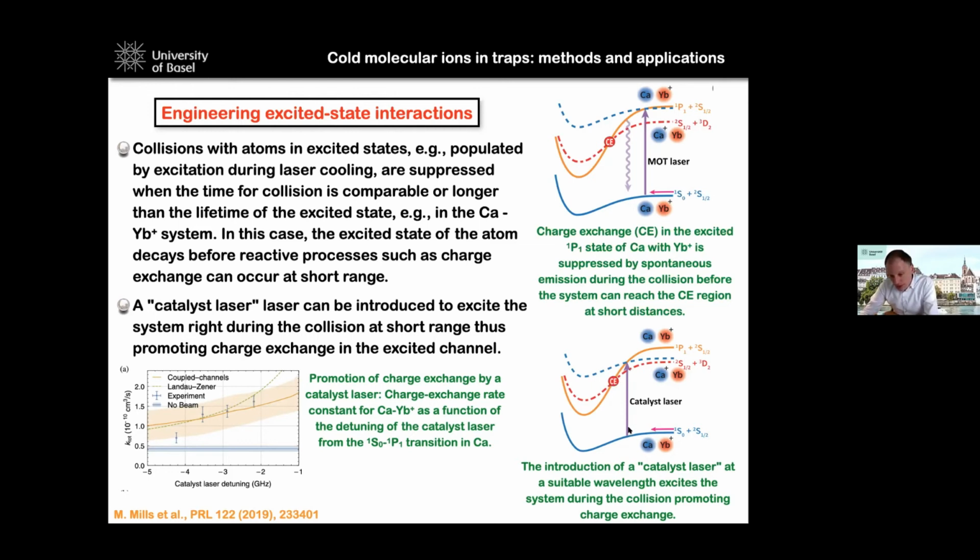But one can insert another laser beam that excites the system just before the two particles come close to this region, thereby populating this excited state, so that they reach the non-adiabatic coupling region where the charge exchange can happen.